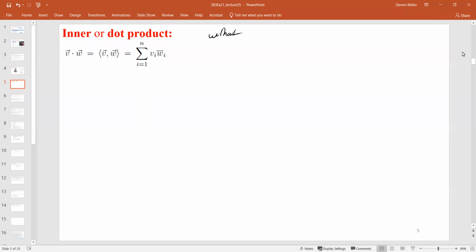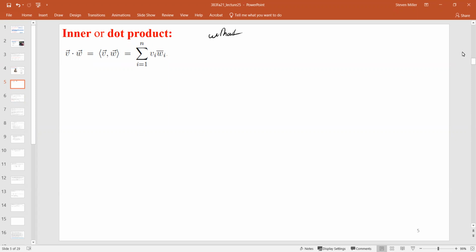But the general dot product of two objects does not have to be, because if I just take V1 to be i and W1 to be 1, and again, I am doing what you should never do, using i as an index of summation, its output would just be i. So it's okay if the dot product is imaginary. It's okay if the dot product is complex. It's just that the dot product of a vector with itself should be non-negative.